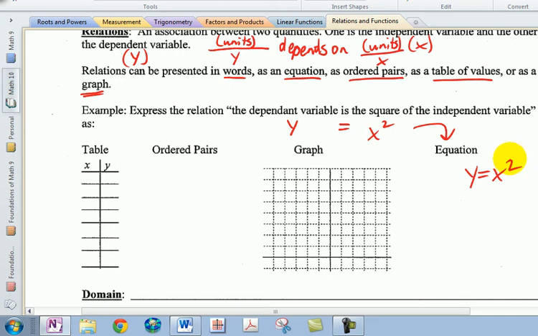What we can then do is come up with some ordered pairs. How we come up with ordered pairs is we start with the table. So number one, make your equation. Number two, come up with a table. Now a full, complete, accurate table should start at -3 and then work your way up.